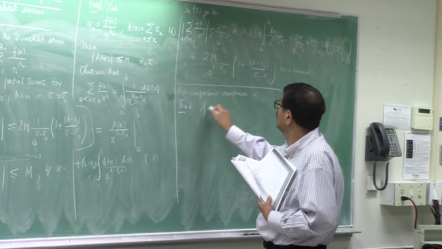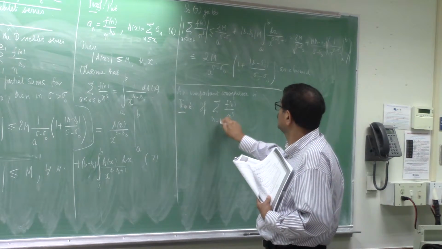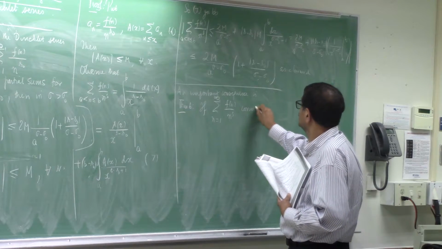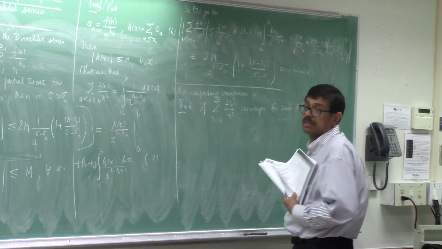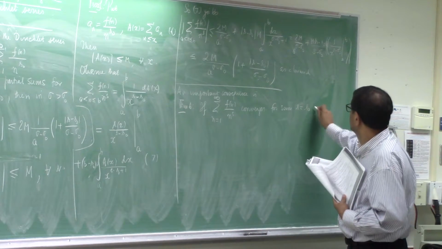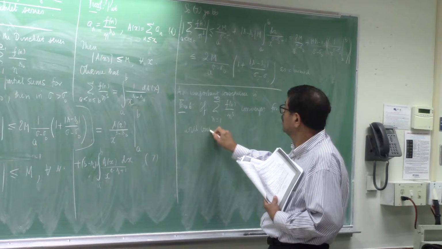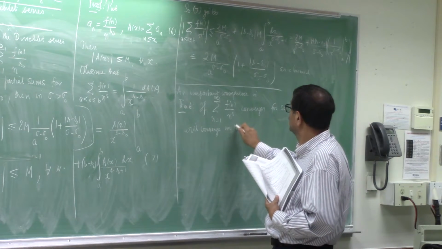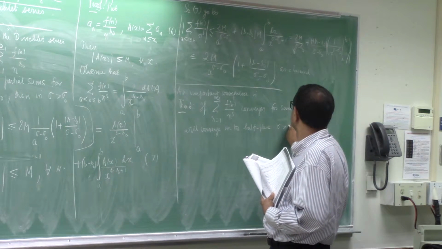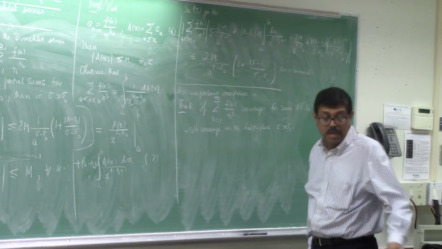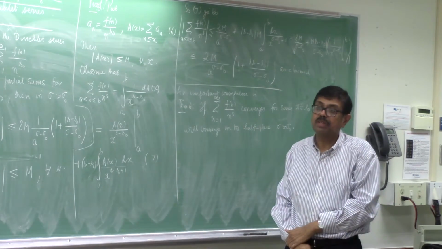If summation f of n divided by n to the s, n equal to 1 to infinity, converges for some s equal to s naught, then it will converge in the half plane sigma greater than sigma naught. So, if the Dirichlet series converges at one point, it will converge at every point to the right of it.